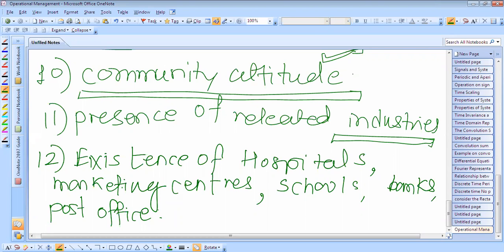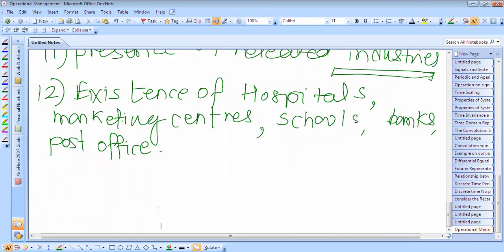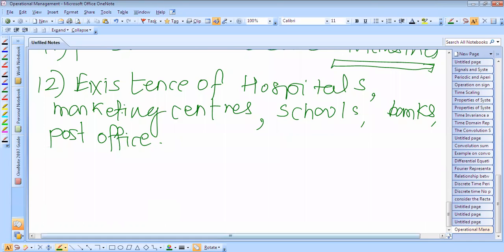Next is housing facilities. That is also very important, whether the housing facilities are there or not, or the plant has to provide the housing facility also.